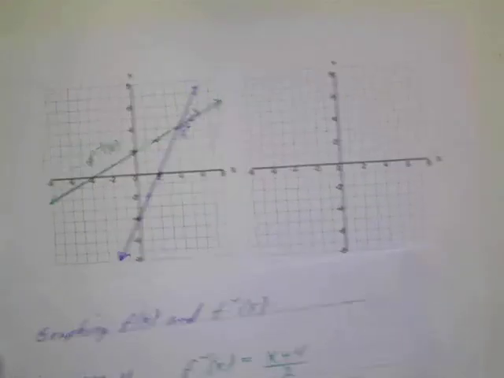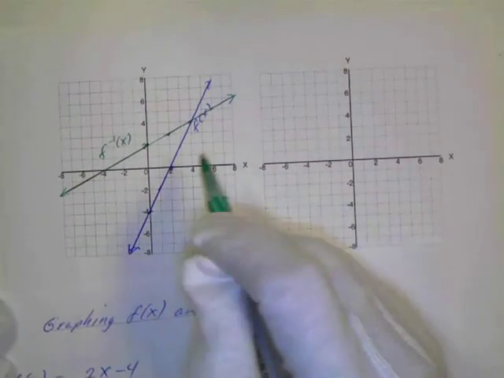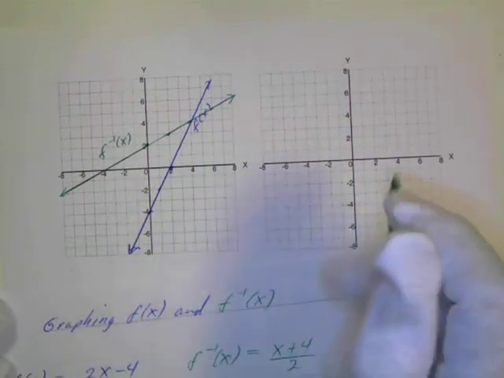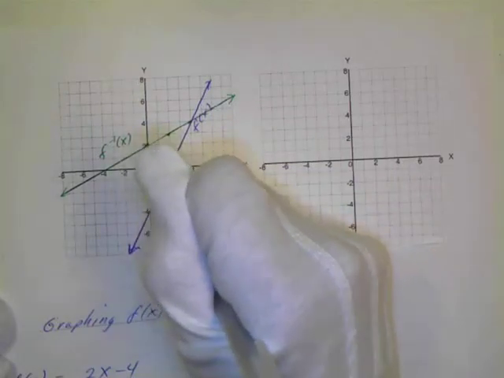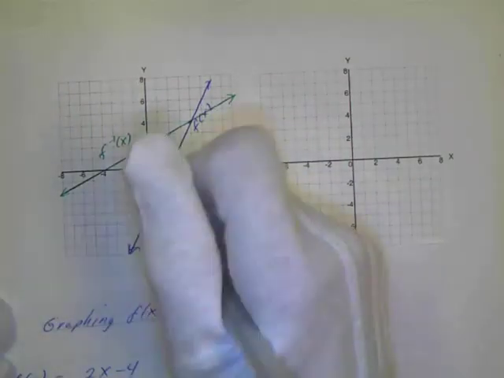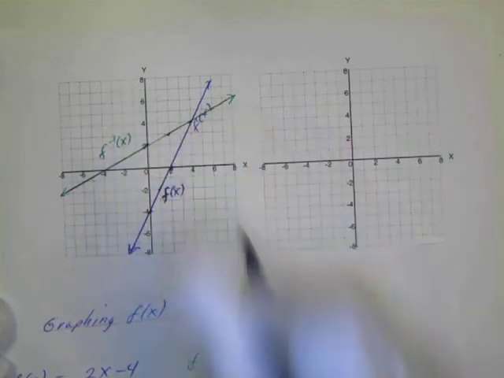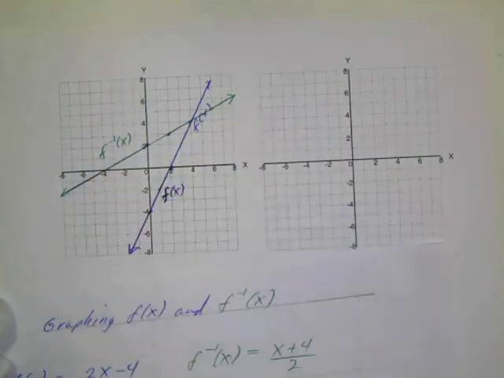Now this is the interesting thing about these things. If we have two functions that are inverses, all right? I guess I should have labeled this over here. F of x, excuse me. So this is f of x and this is f inverse of x.